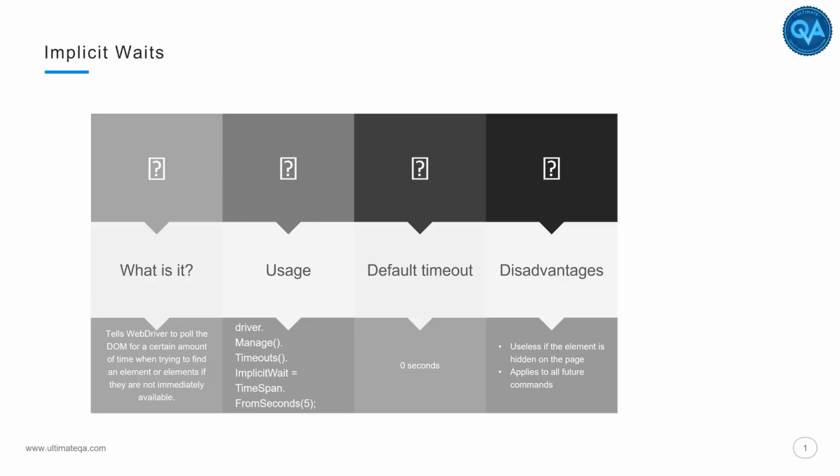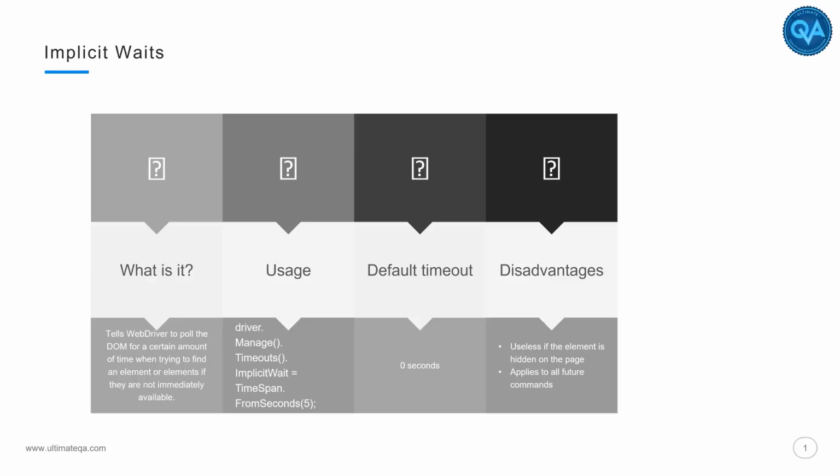The other problem with implicit waits, although it's less of a problem than the first one, which is a huge major problem that's going to cause insane flakiness in your tests, is that the implicit wait applies to all future commands utilized in your test.